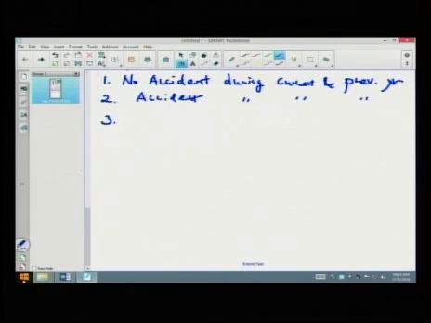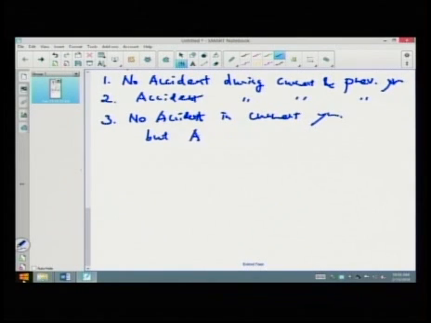And 3 is no accident in current year, but there is an accident in previous year. Okay? Now you know how I'm going to define the fourth state, right? It's going to be reversed, right?